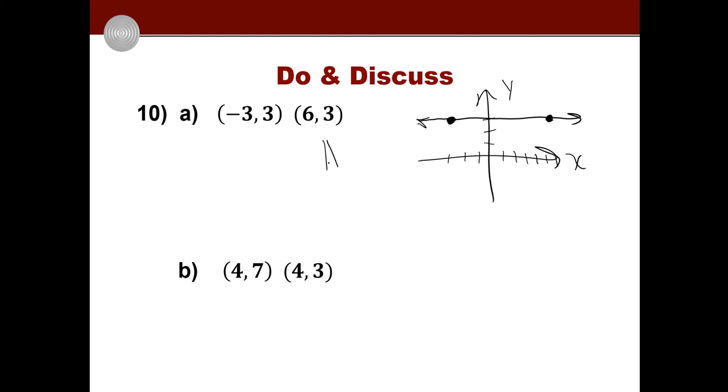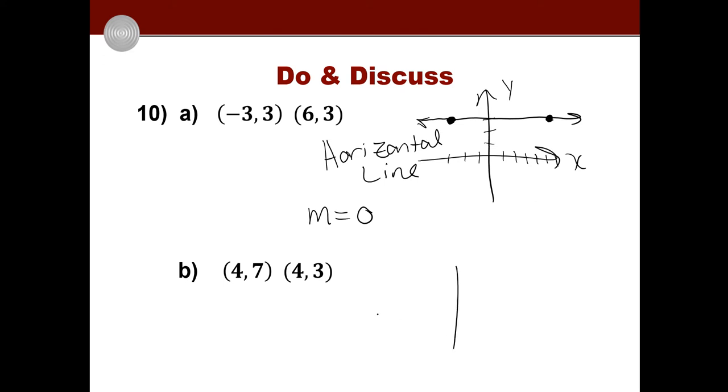Well, that is a horizontal line. And when they say, what is the slope? Well, we decided earlier, every horizontal line, it is flat, has a 0 slope. So m equals 0.